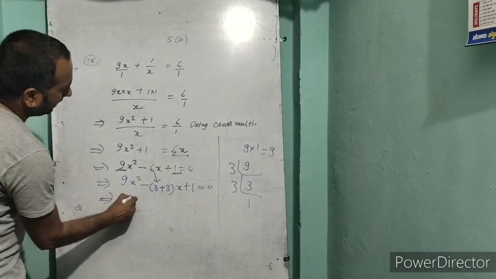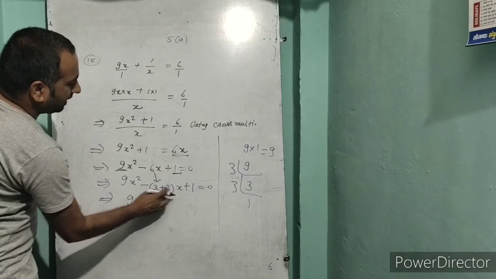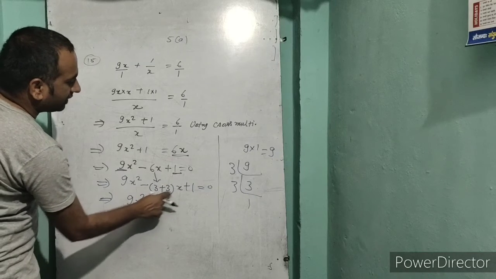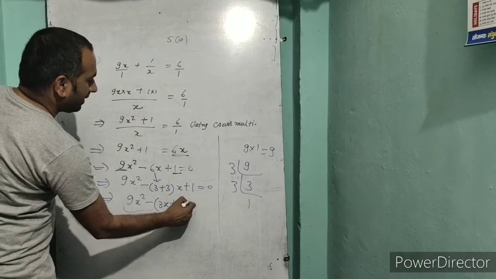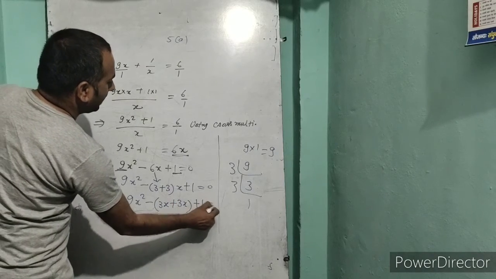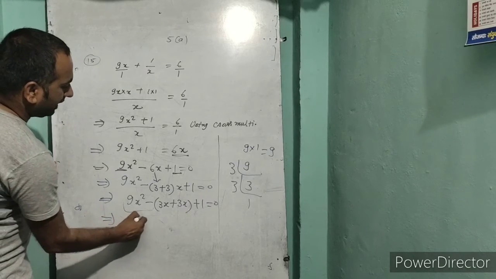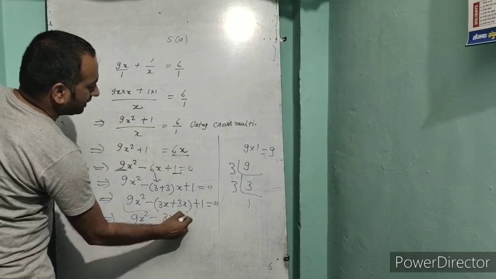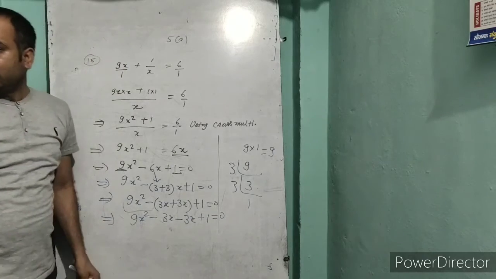So this will give you 9x square minus (3 plus 3) multiplied by x, which is 3x plus 3x, and plus 1 equals 0. Okay, so now open the bracket. It's 9x square minus 3x minus 3x plus 1 equals 0.